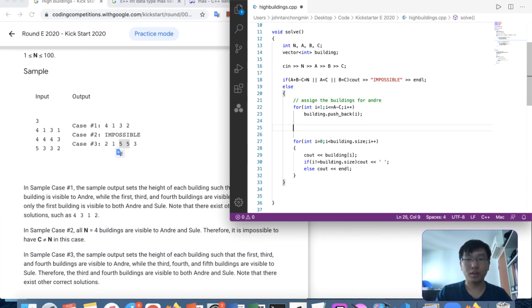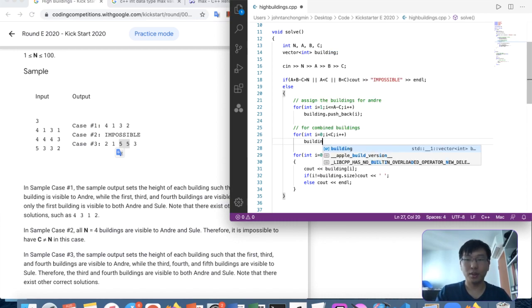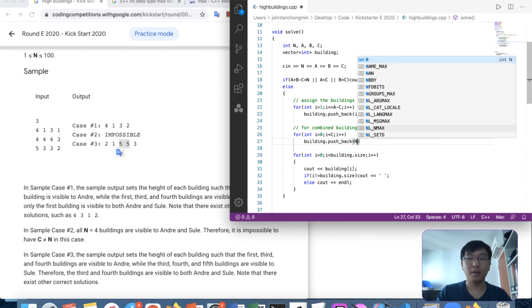For combined buildings, what we do is for int i equals 0, i smaller than c, i plus plus, building dot push back the tallest possible building.